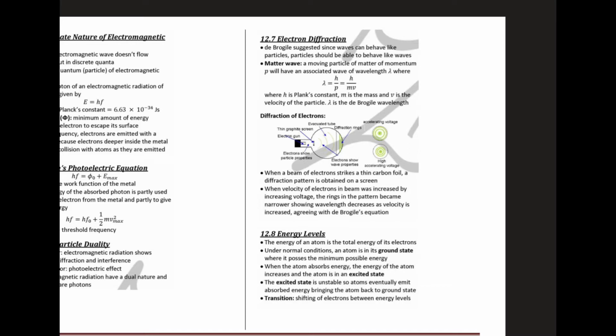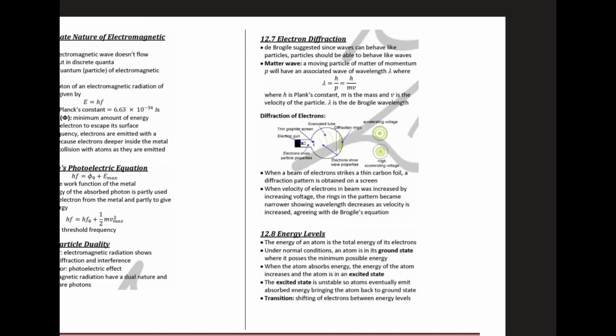So how to find the lambda? You take h, the Planck constant, and divide by the momentum, where momentum is mv. So you take the Planck constant divided by the mass of the electron multiplied by the velocity of the electron, and then you get the wavelength.